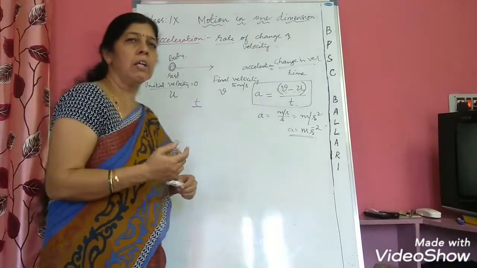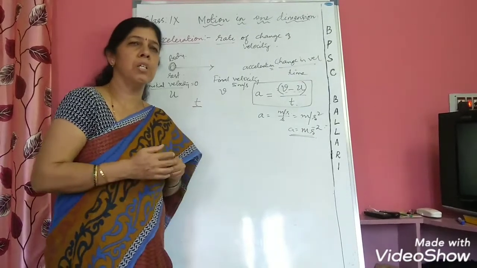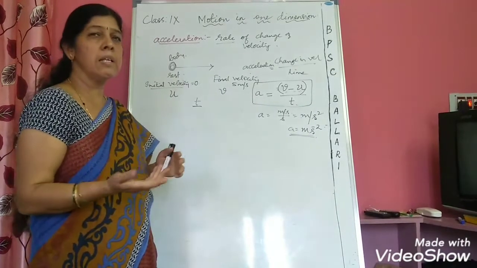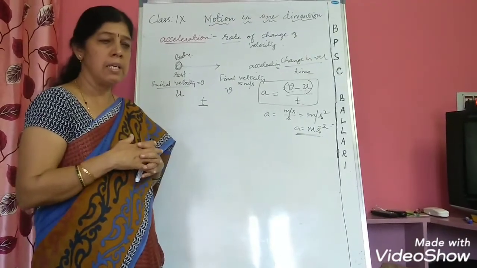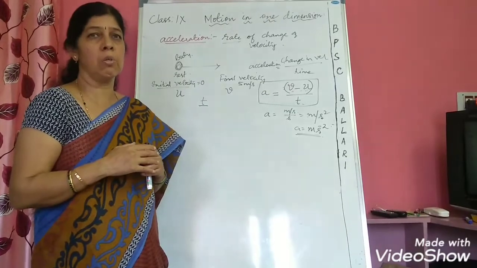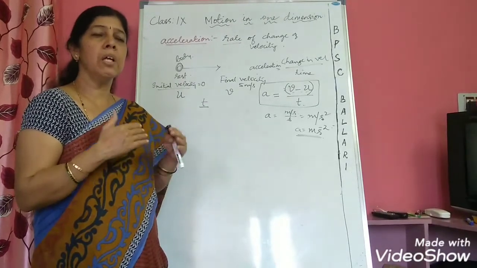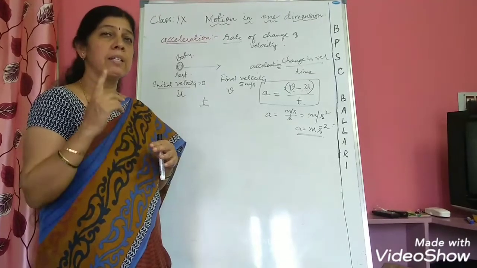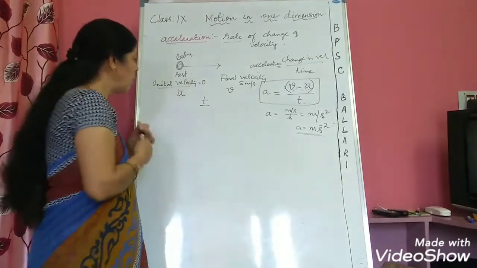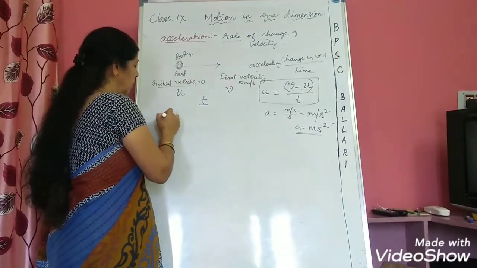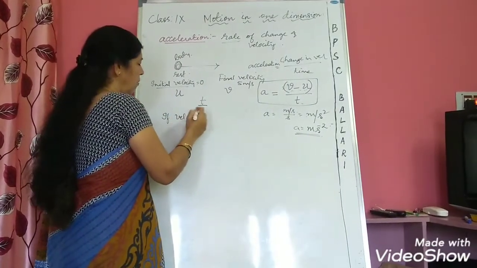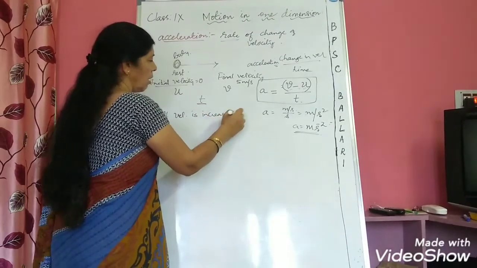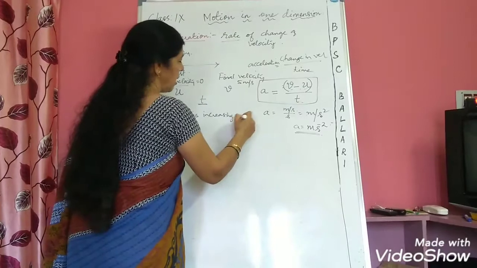So in our daily life, we come across various situations wherever sometimes velocity can be increasing, sometimes velocity can be decreasing. Sometimes velocity will remain constant also. So a body can be traveling with a uniform velocity. In such cases, what happens to the acceleration? The acceleration will be zero. If the velocity is increasing, then what happens?